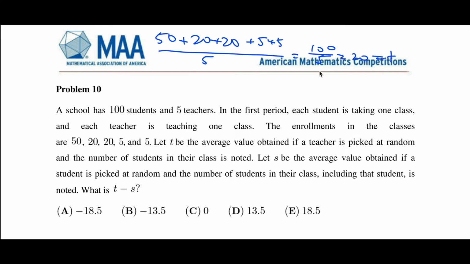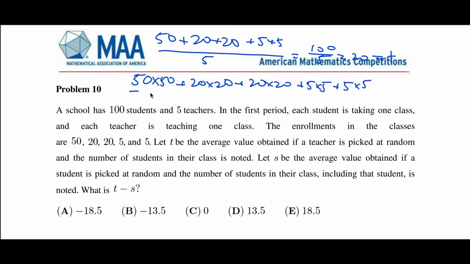That's T. Okay. So the second case, the average will be 50 times 50 plus 20 times 20 plus 20 times 20 plus 5 times 5 plus 5 times 5.